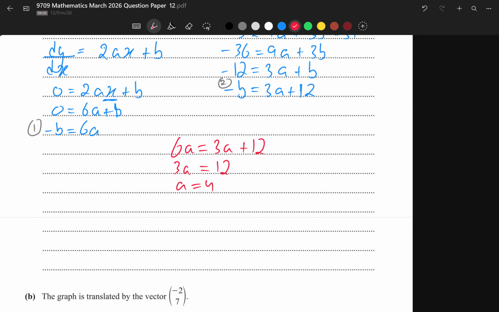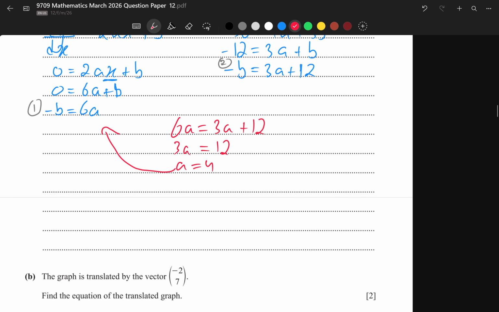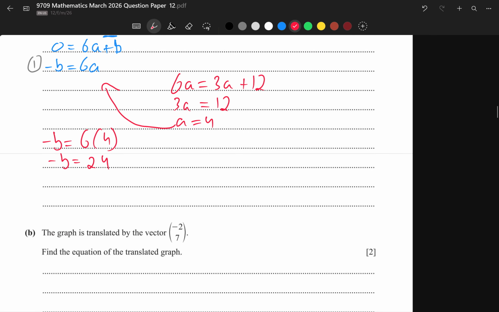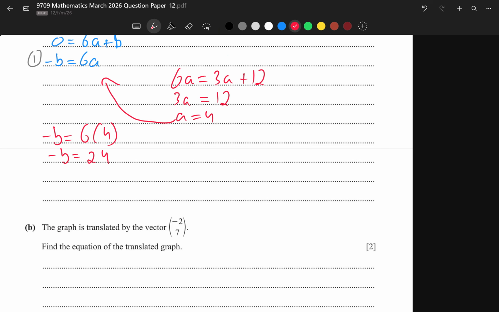Now if we put this a back into this equation, we'll get negative b is equal to 6 times 4, which is equal to 24, and to remove this negative sign, we'll shift it to the other side, so b is equal to negative 24.